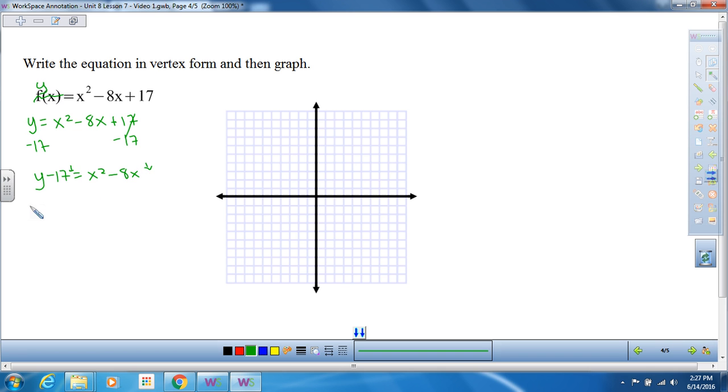So this would be a good one to pause and try on your own. Okay, I need the c, so b over 2 squared, negative 8 over 2 squared, which is negative 4 squared, positive 16.